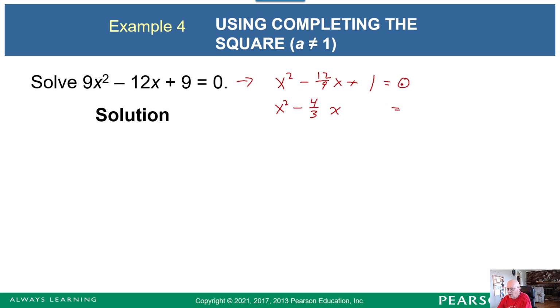And then I'll square the answer. So what do I have here? Well, I can reduce this because I've got a 4 and a 2. So I've got negative 2 over 3, and I have yet to square it. Squaring it, I get 4/9.